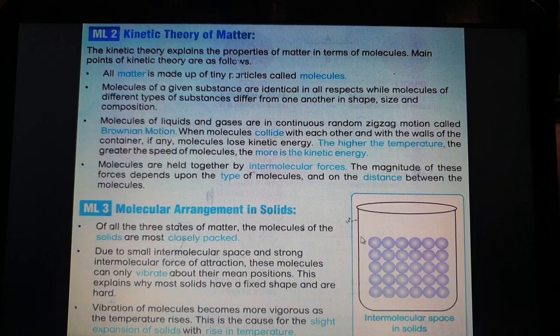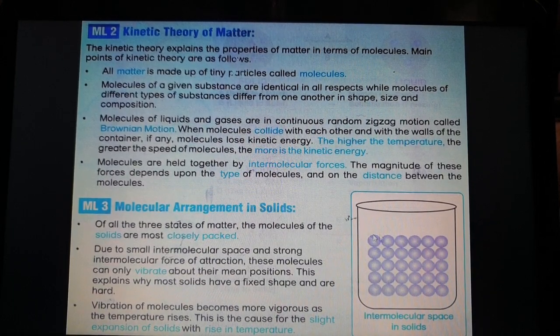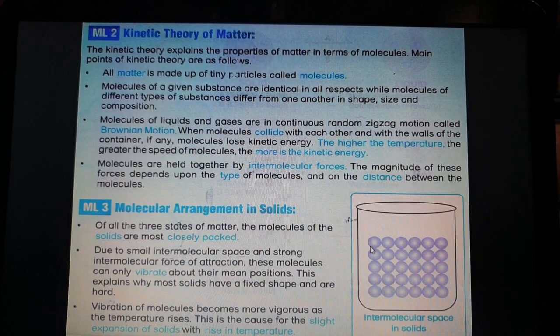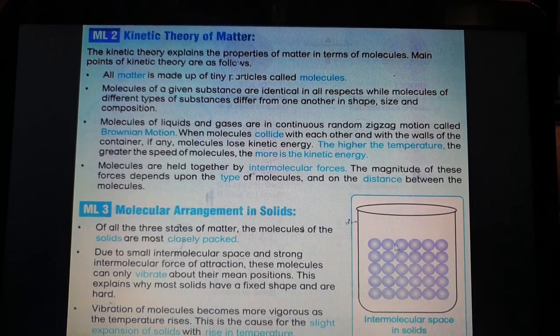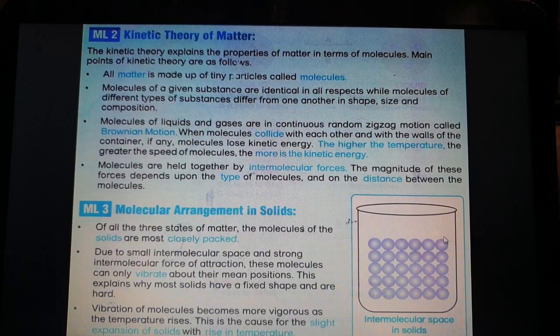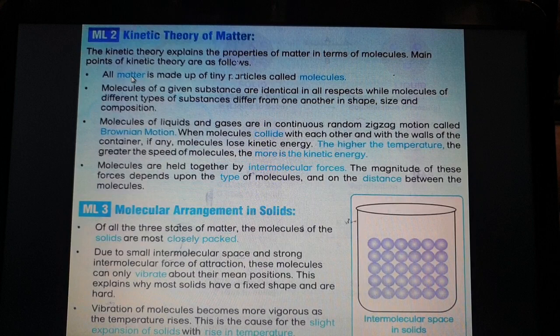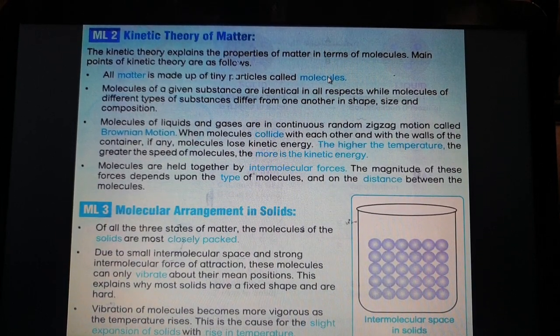Let me assume this as a complete matter. This complete matter is made up of individual particles. These particles are called molecules. All matter is made up of tiny particles called molecules.